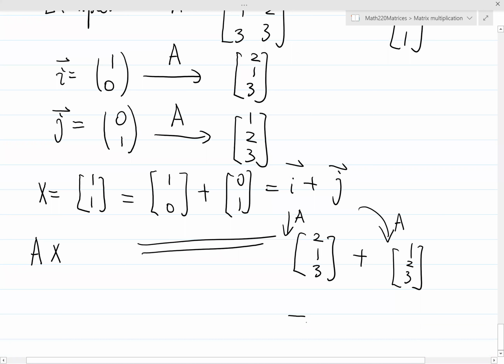So we add component-wise. 2 plus 1, we get 3. 1 plus 2, we get 3. 3 plus 3, we get a 6.